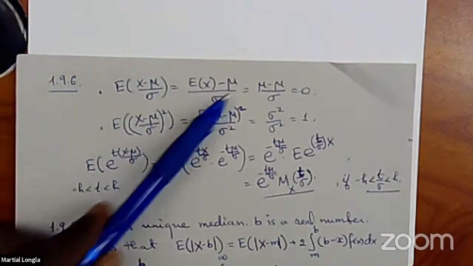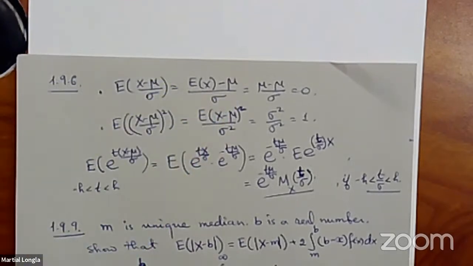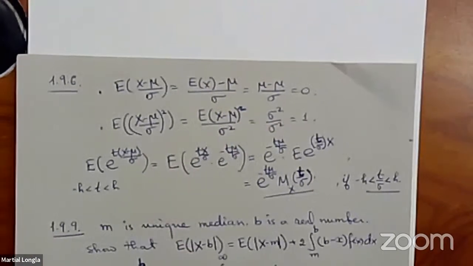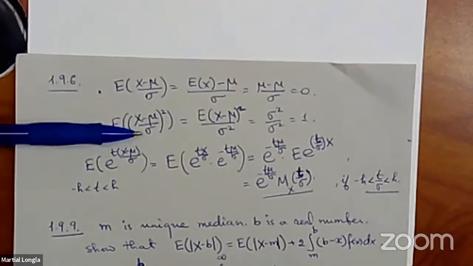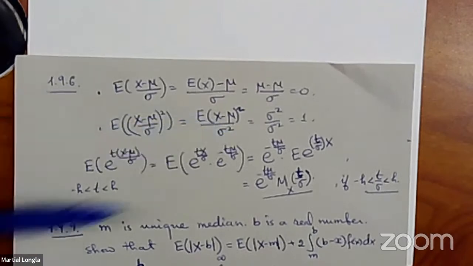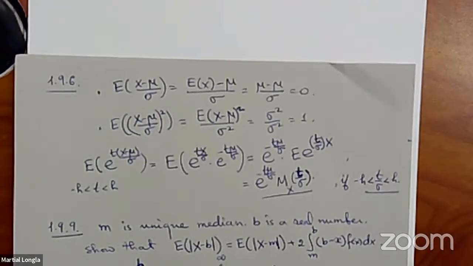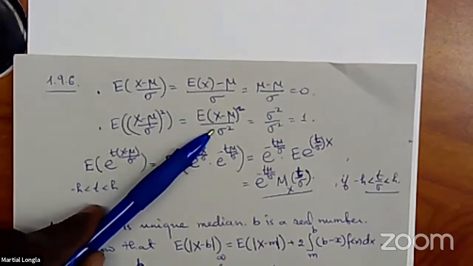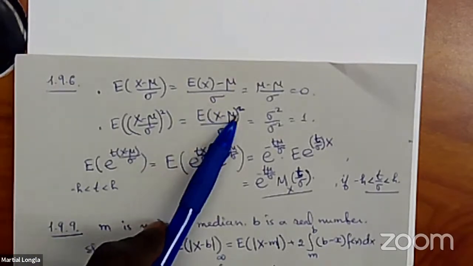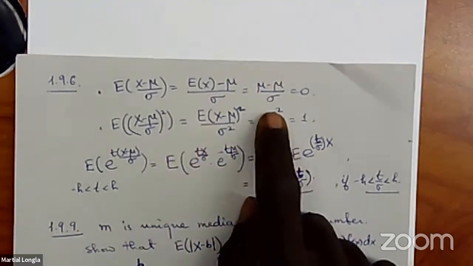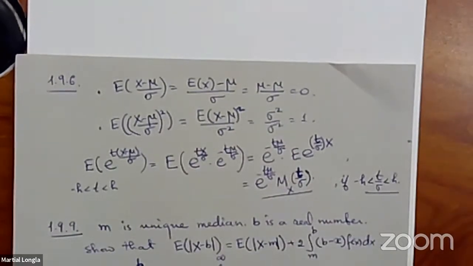So it's the expected value of x minus mu over sigma, and the expected value of x is mu, so mu minus mu is 0, so we're fine. For this one, you get out the sigma squared, because it's a number. It can come out of the expected value, because you have the expected value of x minus mu squared over sigma squared, and that by definition is sigma squared. So you get 1.